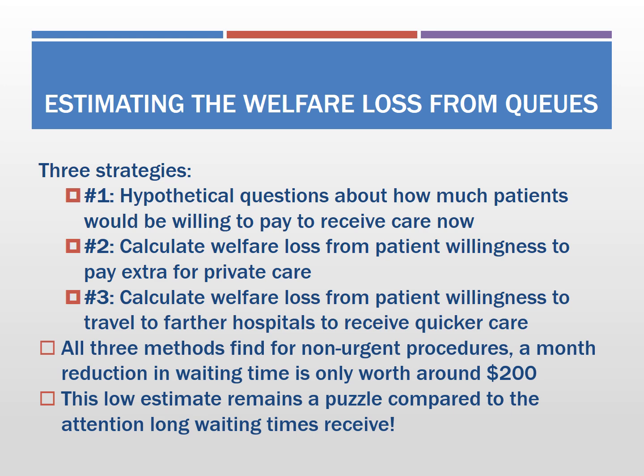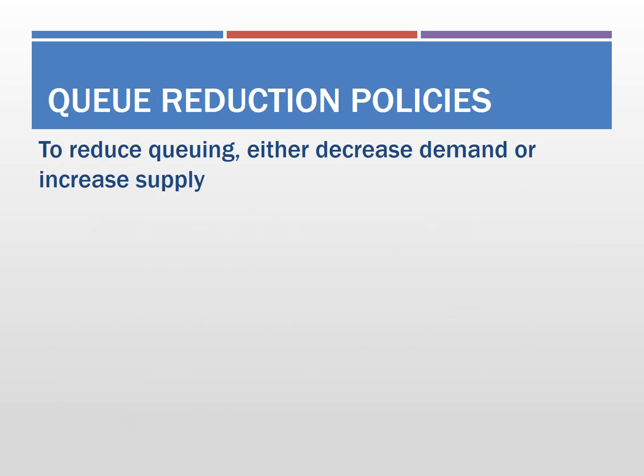This low estimate remains a puzzle compared to the attention that long waiting times receive. So there are some policies suggested by the government to reduce queues, either by decreasing demand or by increasing supply.